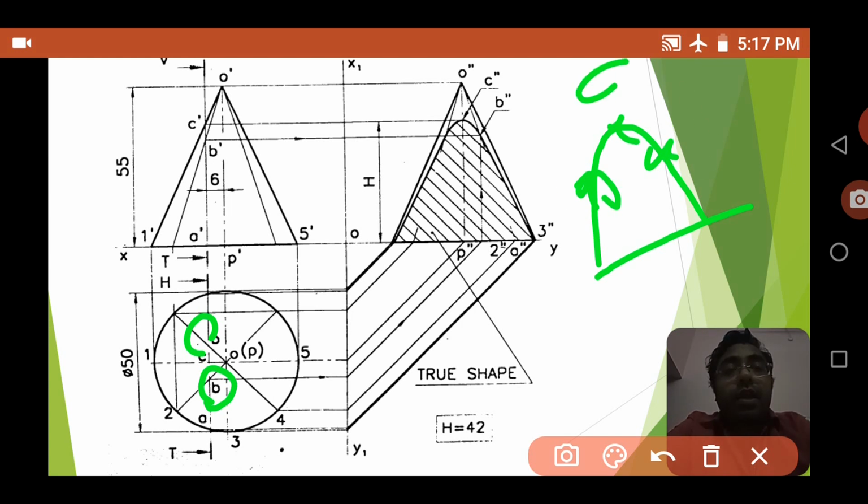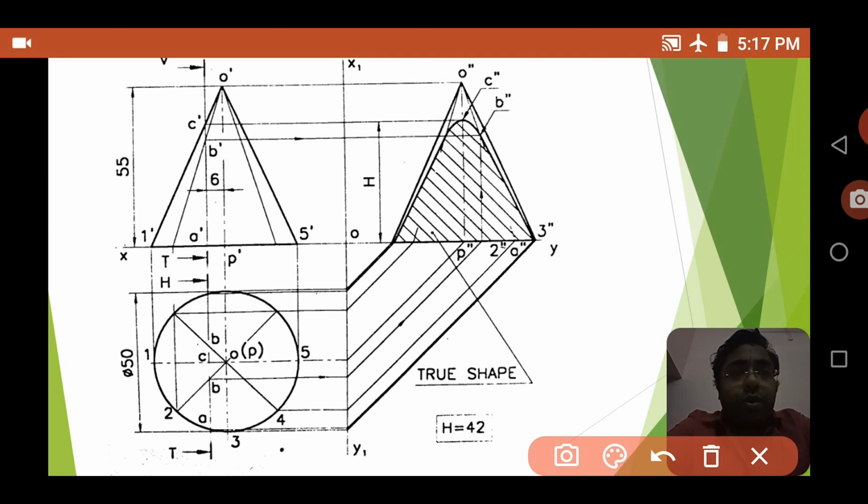So this c and these will be the b and b points. Both sides will have b and b points. Now you can mark these two B points here, and C in the upper part. Okay, now you get this one, and you have to draw the section view.